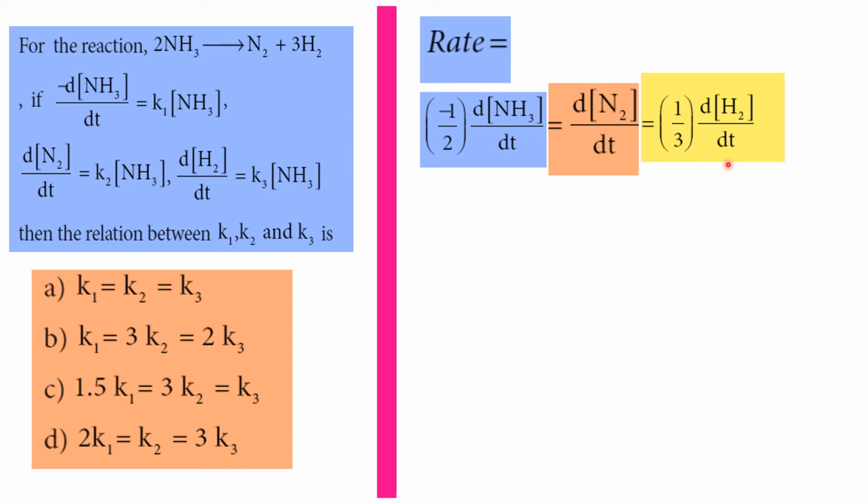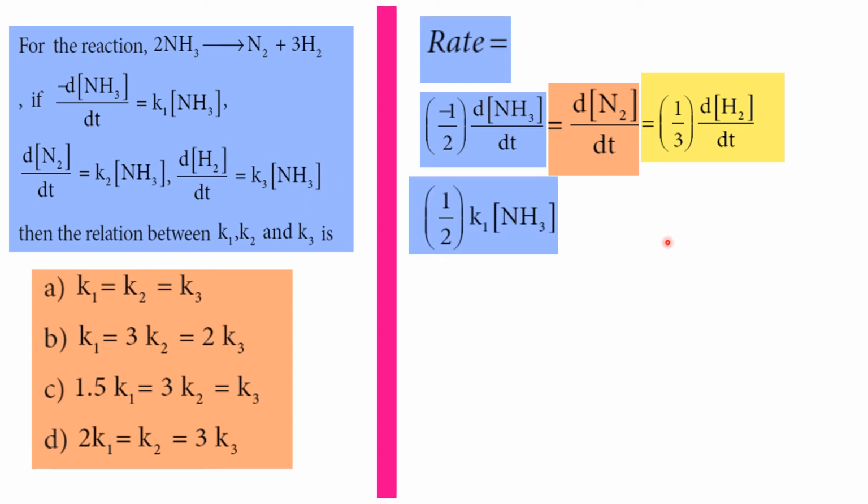Here values are given. This value that's equal to K1 into concentration of ammonia. This value that's equal to K2 into concentration of ammonia. This value alone 1/3 அப்படியே இருக்கும், K3 into concentration of ammonia.